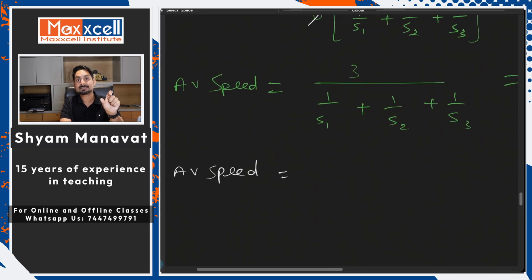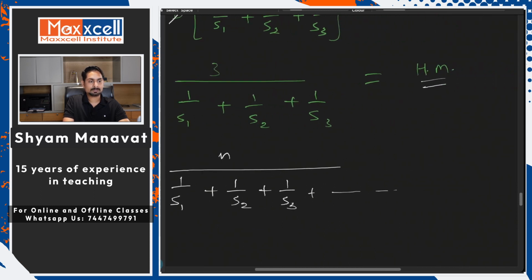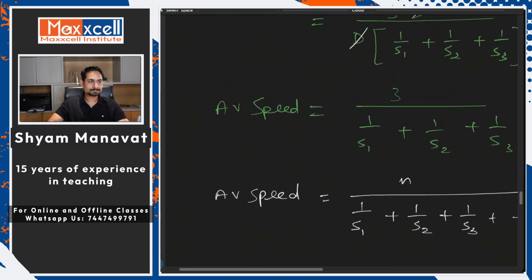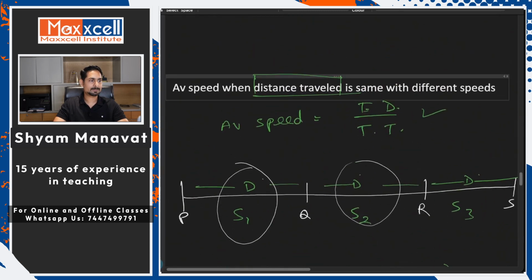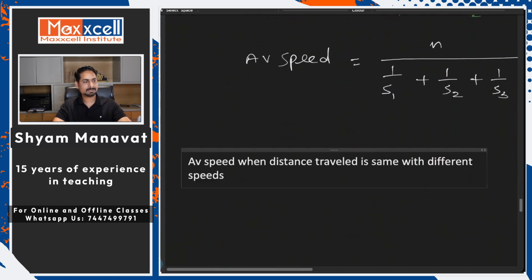In this case, when distance is the same with different speeds, it will be number of values by 1 upon S1 plus 1 upon S2 plus 1 upon S3 plus so on, 1 upon Sn. We can also call this the harmonic mean, right? So the conclusion is, average speed when distance traveled is the same with different speeds is the harmonic mean.